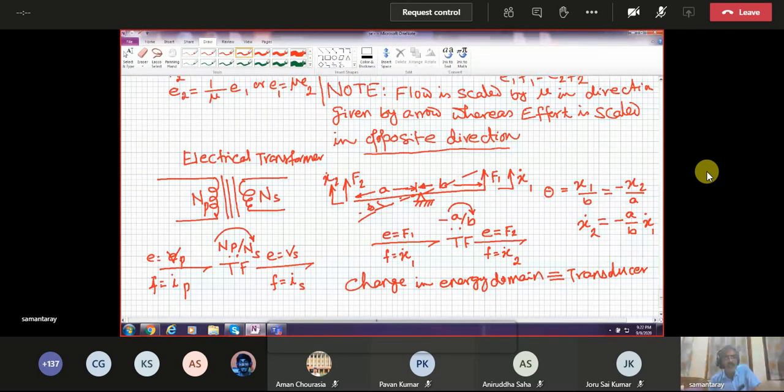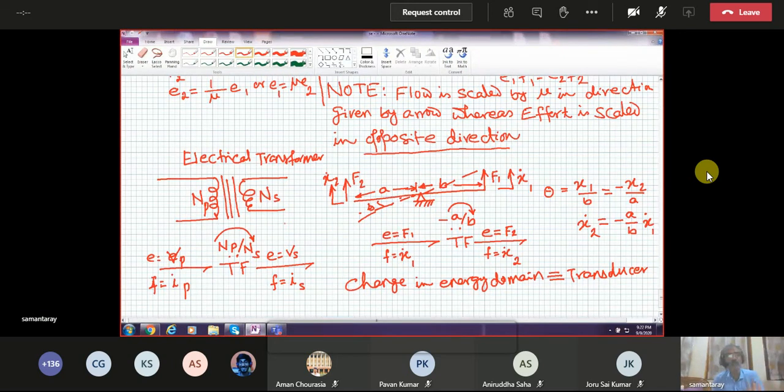Likewise, in this transformer, there is a change of energy domain. The first change is from the electrical to the magnetic domain, that is the core, and then from the magnetic domain again to the electrical domain. So there is a hidden transduction involved inside.